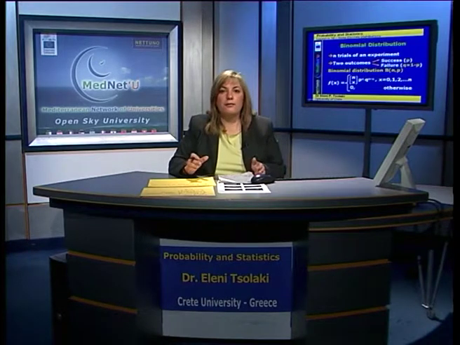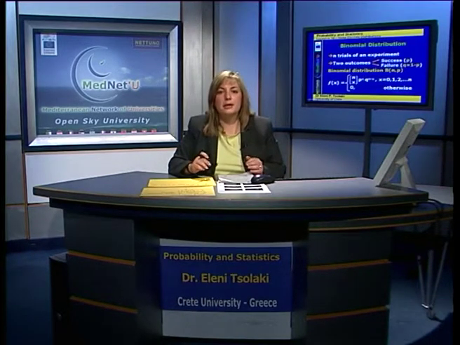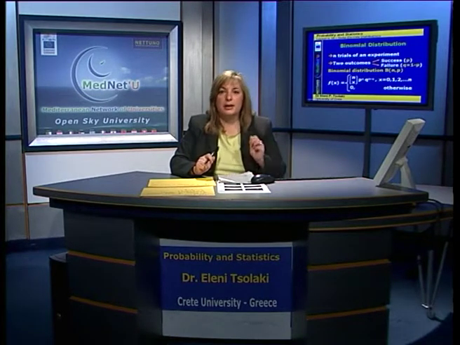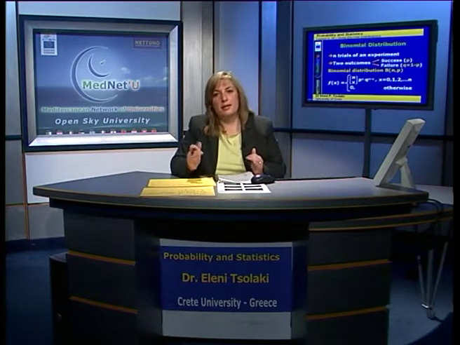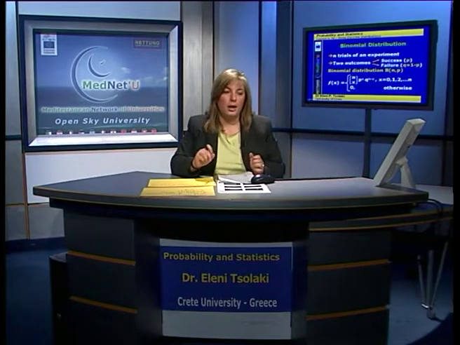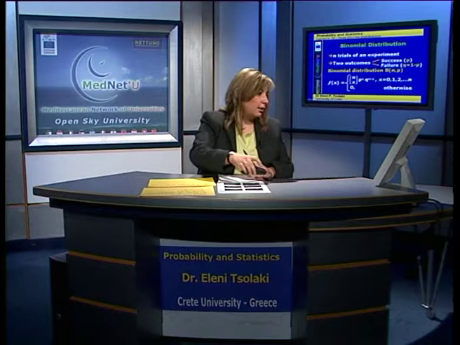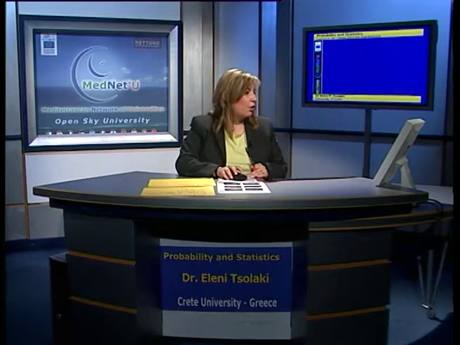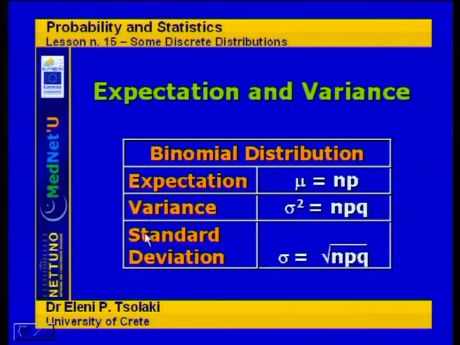Now, if for the same experiment, each time we draw one card, we put it back in our deck, then in this case we could have independent trials and we could use the binomial distribution. Let's see what the expectation and the variance of this distribution is.